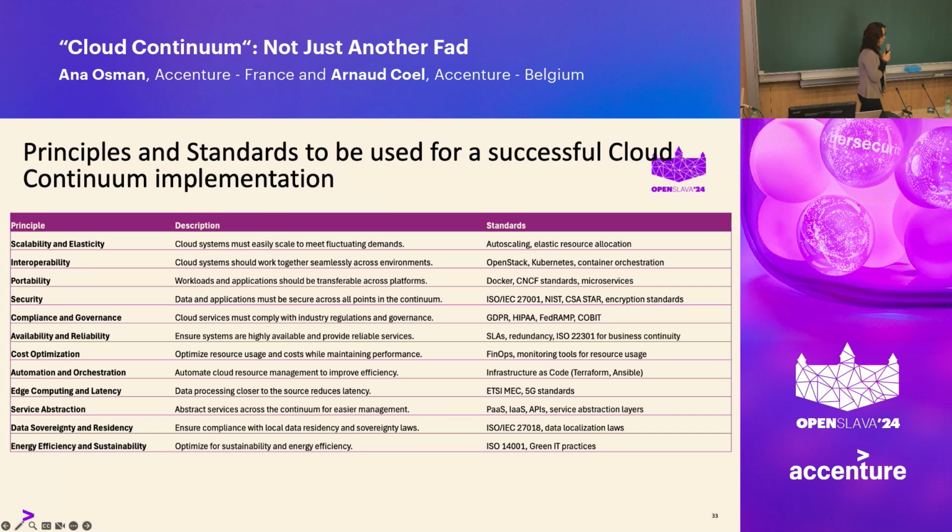Now, as we were saying, in order to have a successful Cloud Continuum implementation, there is this governance layer that is added on top of what you previously had. Principles and standards are part of this. In any kind of system implementation, we should have principles and standards. What we're saying with Cloud Continuum is that these principles and standards are even more important than before.